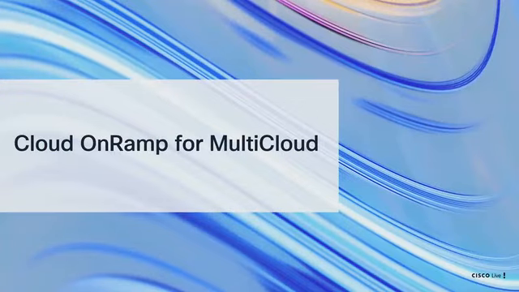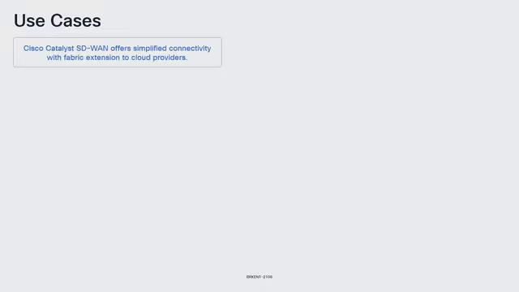Then Cloud on-ramp for multi-cloud, like connecting to different cloud service providers or IaaS providers. So what are the use cases here? The key thing is SD-WAN manager provides simple, few-click, easy steps to extend your SD-WAN fabric to any cloud site, or to another site via the cloud backbone, or to the cloud workload itself.